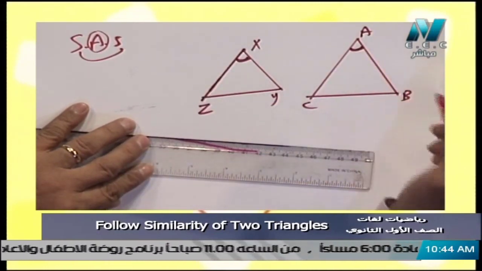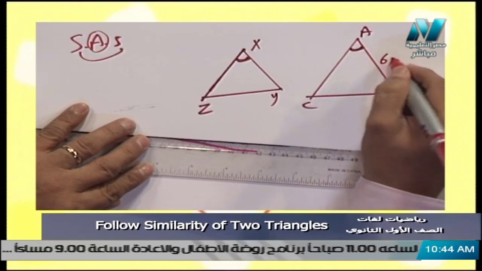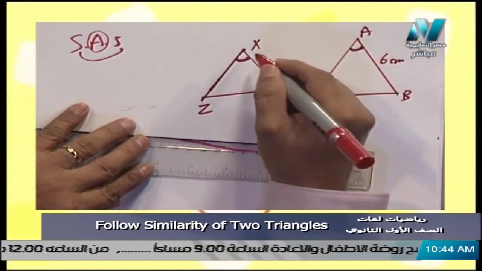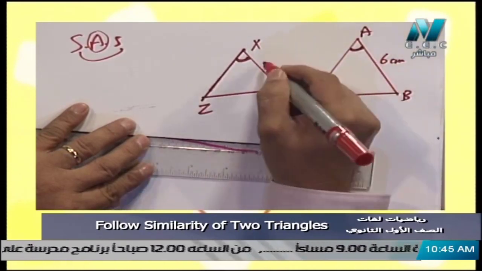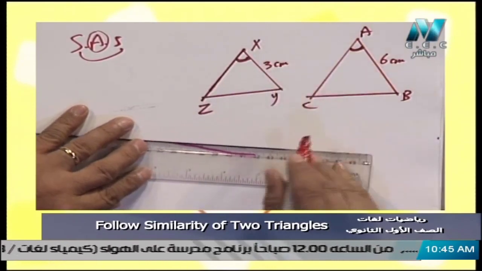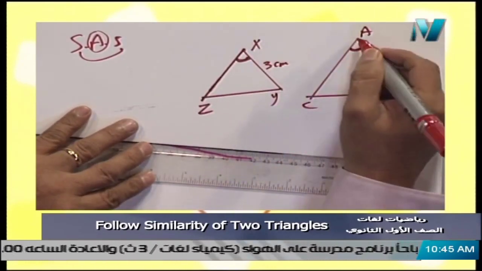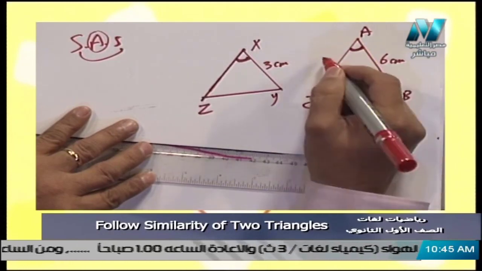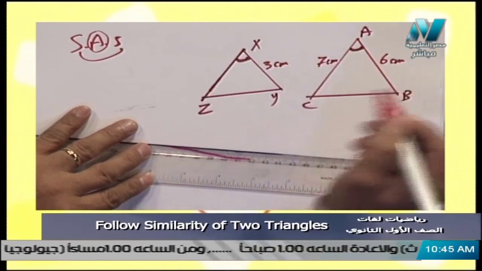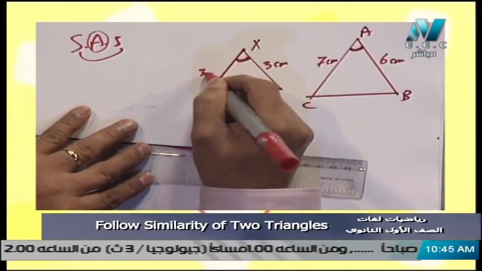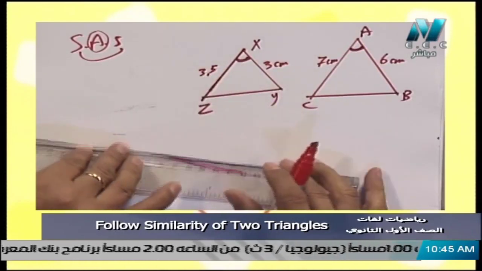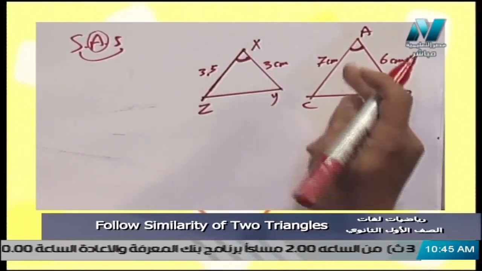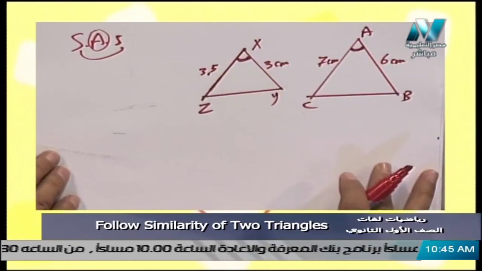And we have AB, say 6 centimeters, and say that the length of XY equals 3 centimeters, and AC here is 7 centimeters, and the length of XZ equals 3.5 centimeters. So we have measure of angle A equals measure of angle X.